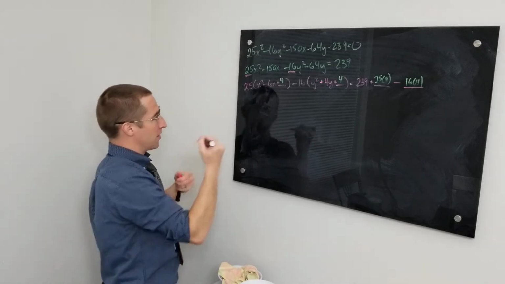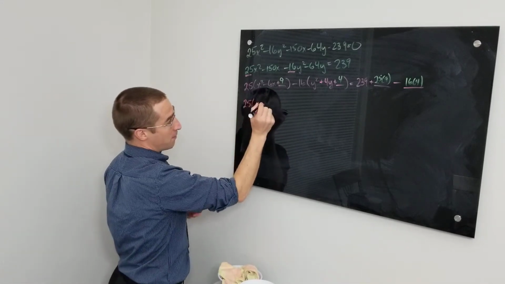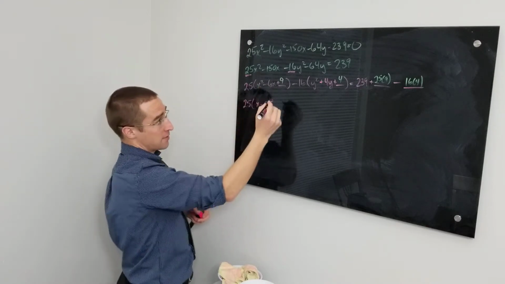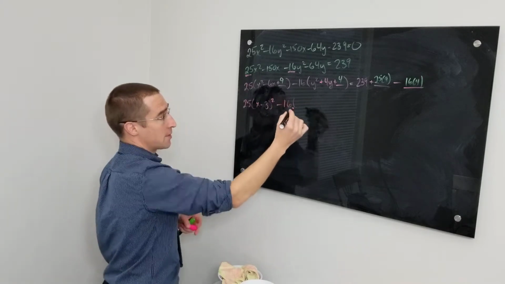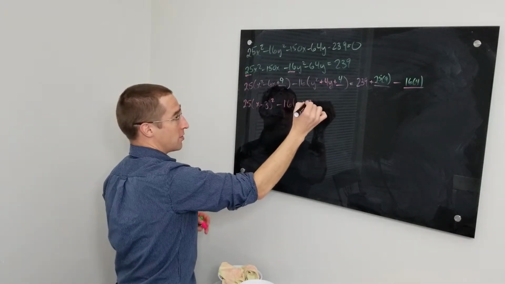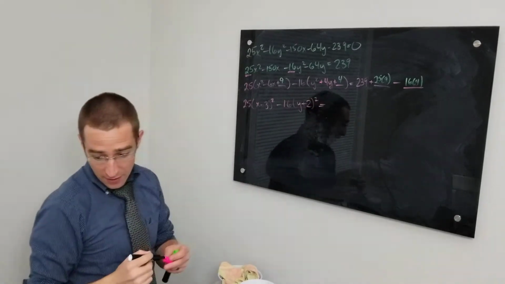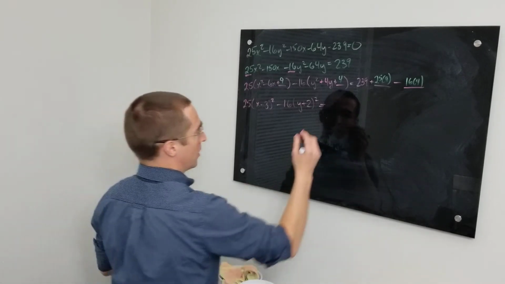So, putting this all together, I get 25 times x minus 3 squared, because it's a minus 6, so that minus travels down. And I get minus 16 times y plus 2 squared equals, add that all up, and we get 400.